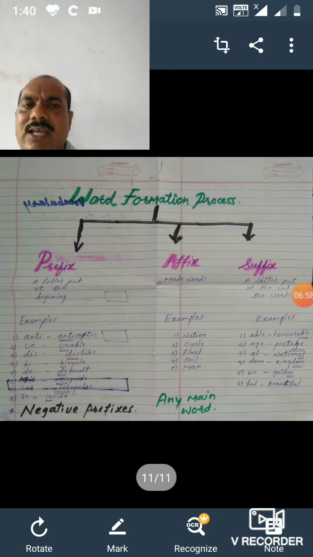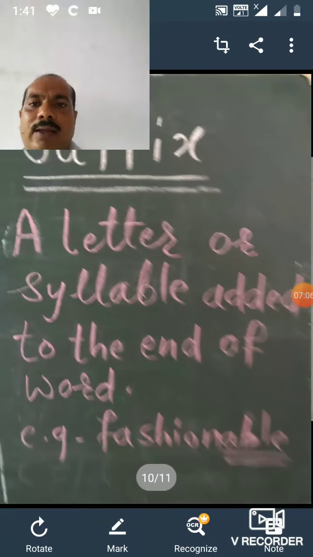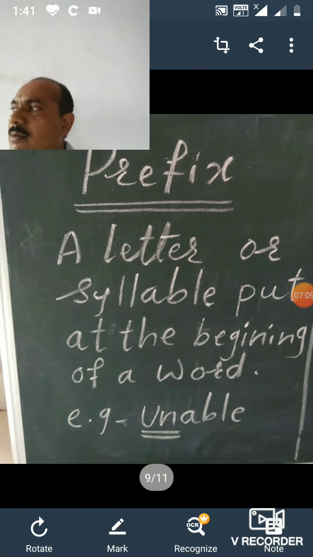Prefix and suffix are actually the two main ways to make new vocabulary. A prefix is a letter or syllable put at the beginning of a word. Pre means primary, preliminary, fixed before that word.